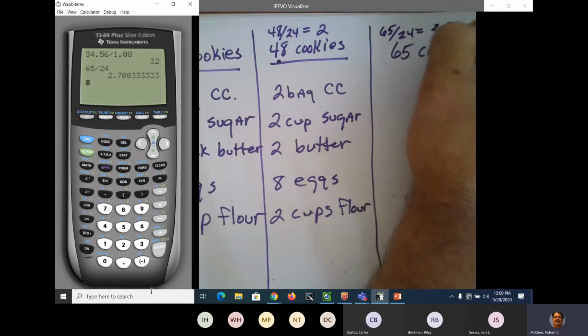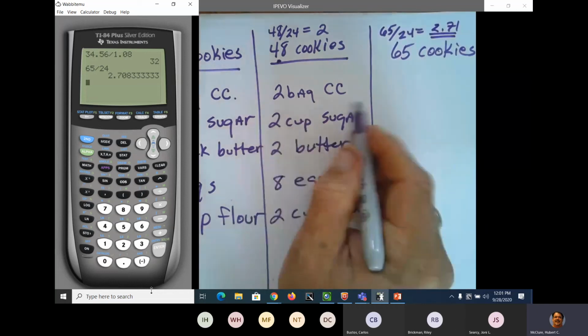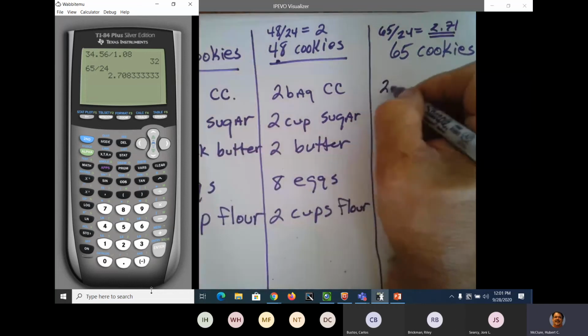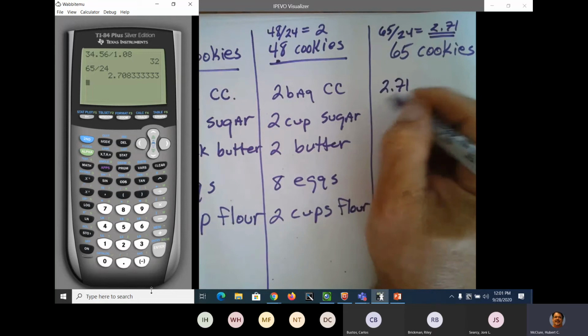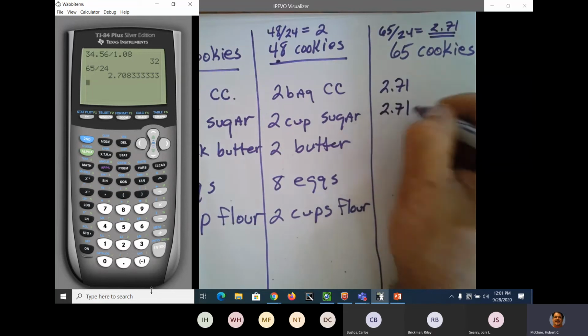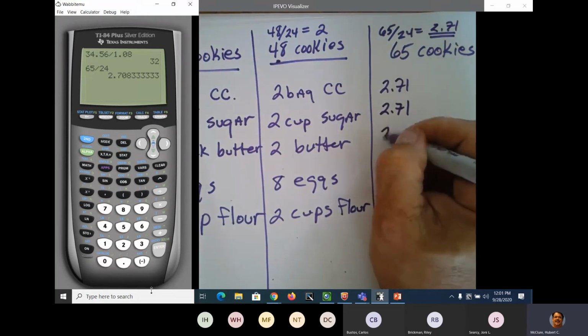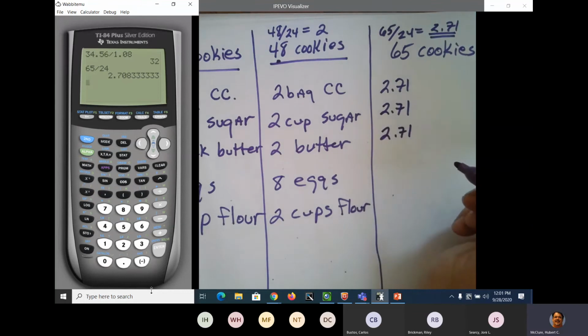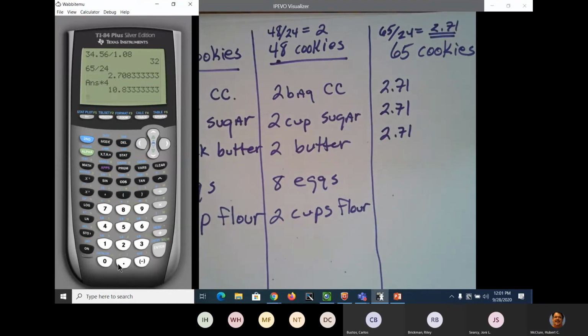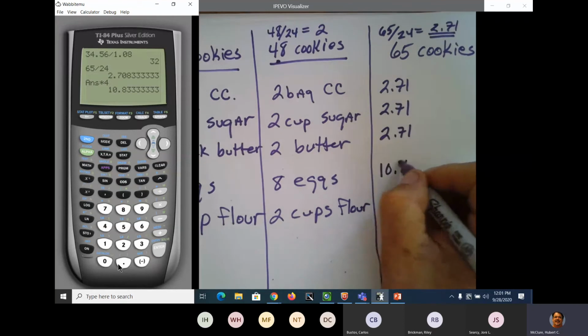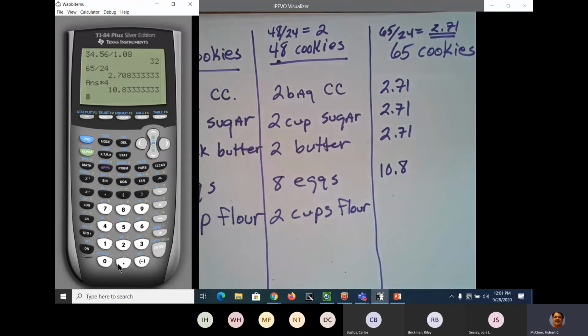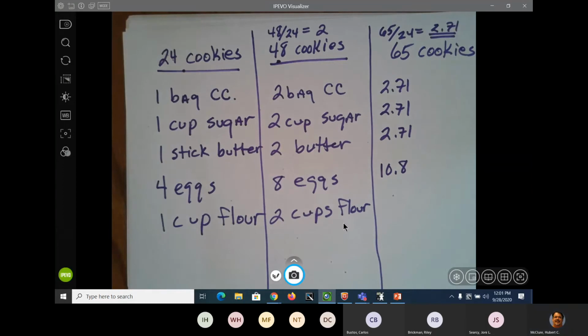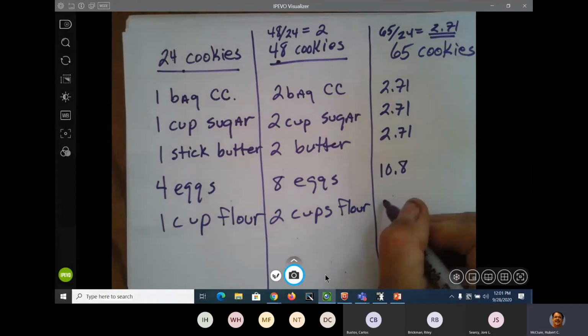So I'm going to multiply all my ingredients by it. That's going to be 2.71 bags, 2.71 cups of sugar, 2.71 sticks of butter, and then 2.71 times 4 is 10.8, and of course there is no such thing as 10.8 eggs, so it'd be 11, and 2.71 cups of flour.